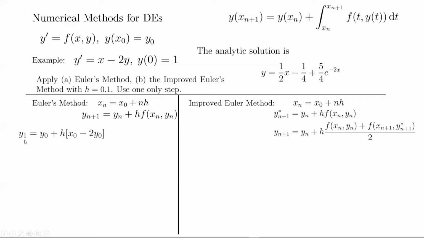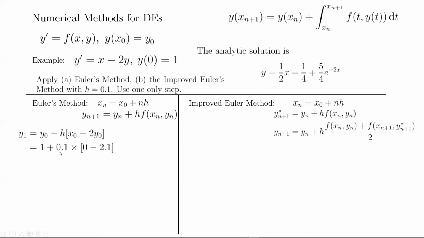So y1, 1 meaning step 1. y1 for Euler's method is y naught, the initial condition, plus h times the function f evaluated at x naught, y naught. So x naught minus 2 times y naught. Well, the initial condition y naught is 1.